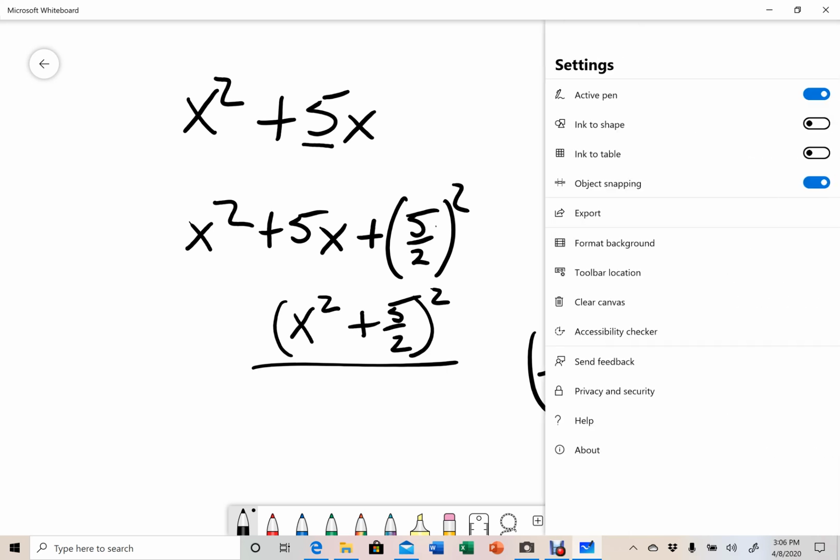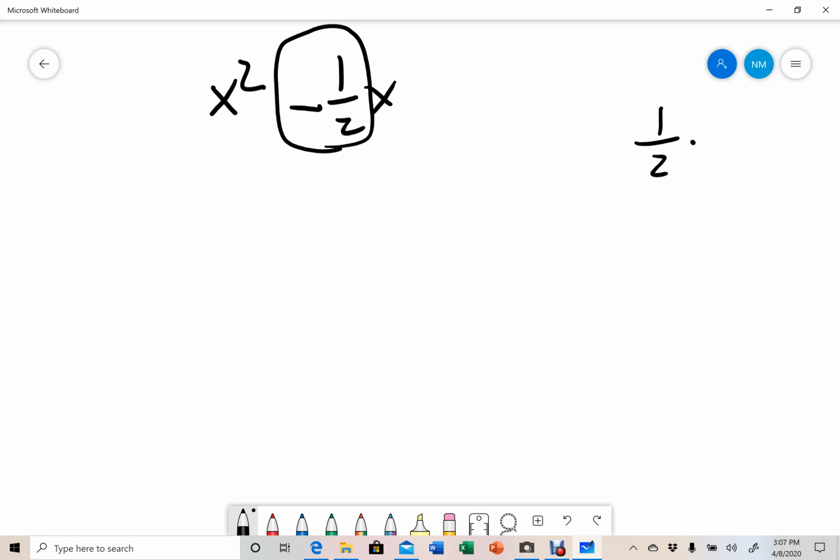All right, let's try another one. Okay, so let's say I've got x squared minus 1/2 x. So first of all, I take this and I multiply it by 1/2. So 1/2 times a negative 1/2 is going to give me a negative 1/4.